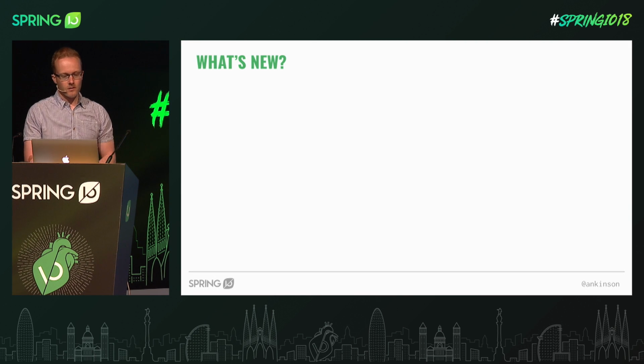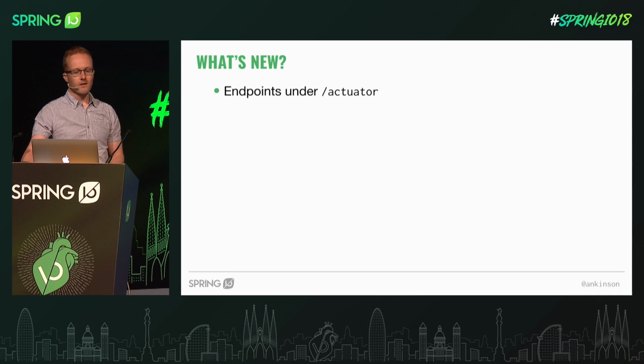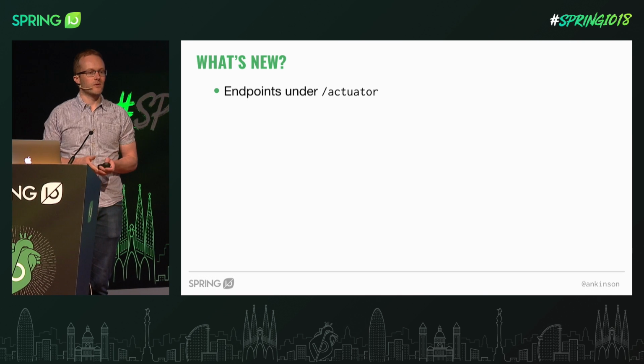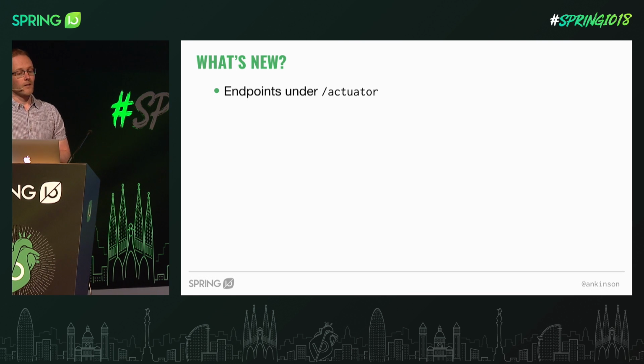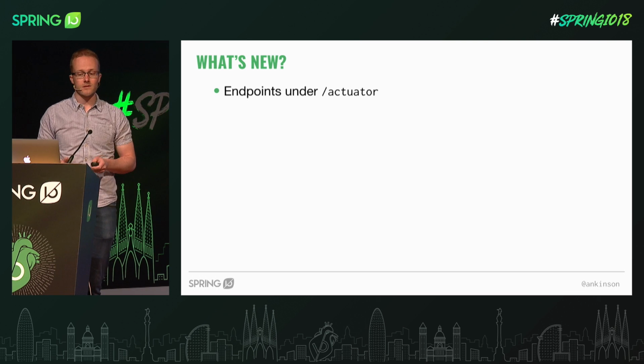All right, so I'll just recap a little bit what we went through there. So the endpoints have moved under /actuator, as I mentioned, for two reasons. One, slightly easier to secure, and also to hopefully avoid clashes with your own request mappings in your application.